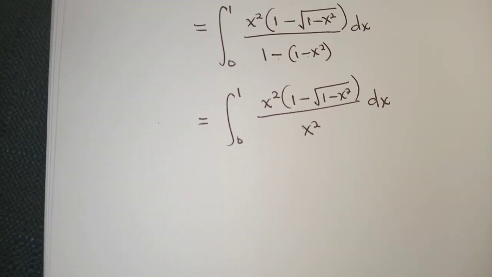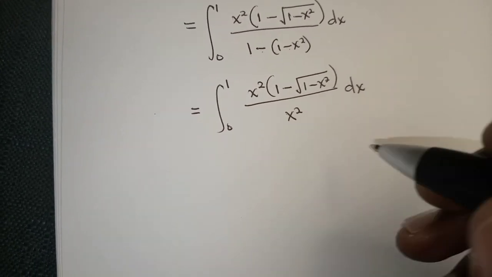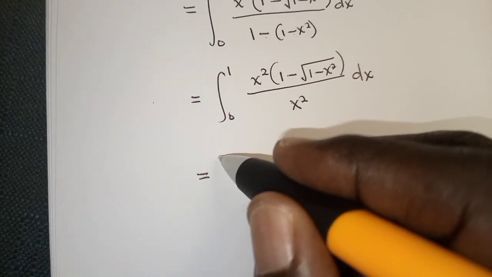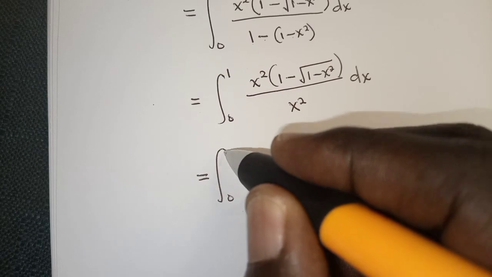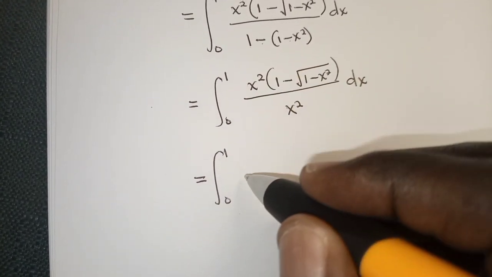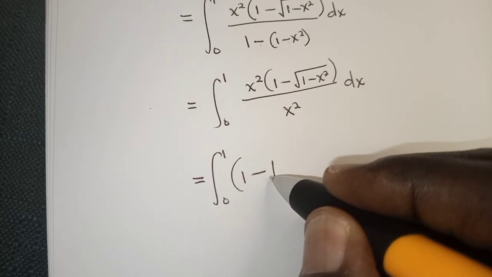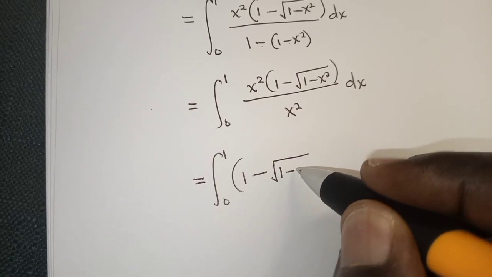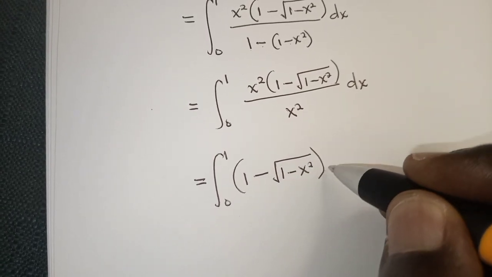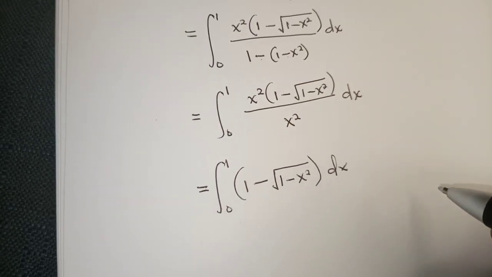Okay, so you have the integral from 0 to 1 of 1 minus the square root of 1 minus x squared, dx.